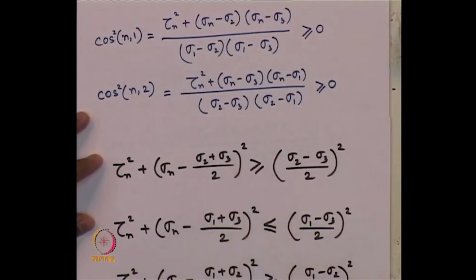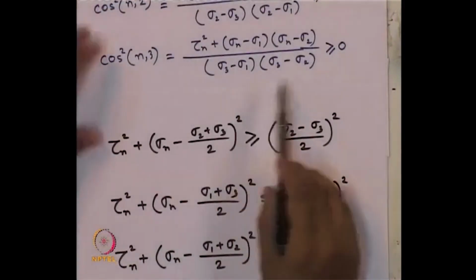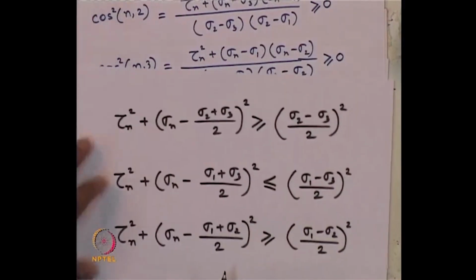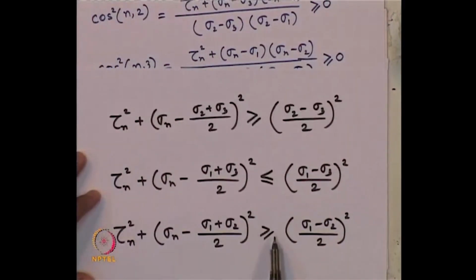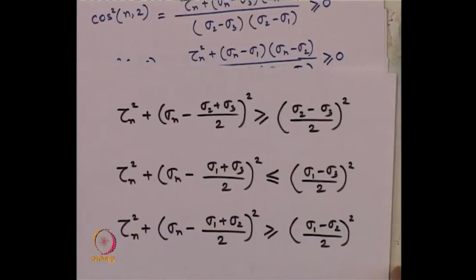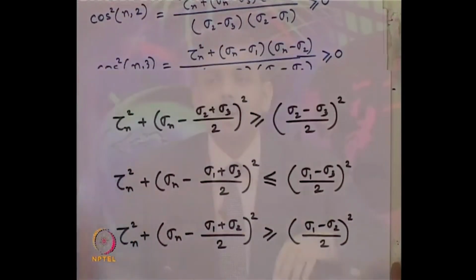If you simplify, you will get this. And the third relation, this is positive. So, if you take it here, you will finally obtain this relationship, greater than or equal to, like this. So, from these three relationships, now we have to see how we can draw these 3D stresses in two-dimensional Mohr diagram form. So, that we will continue in our next lecture.